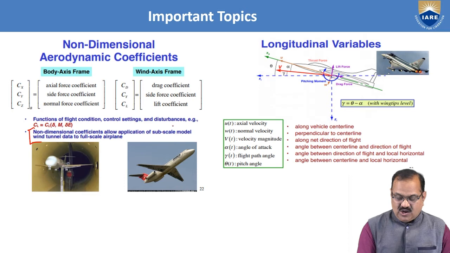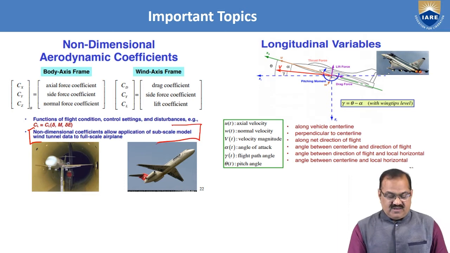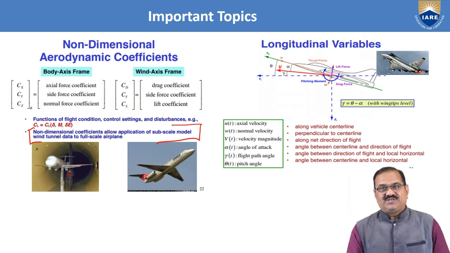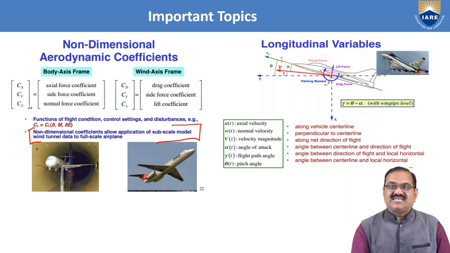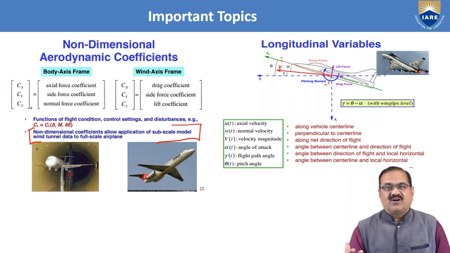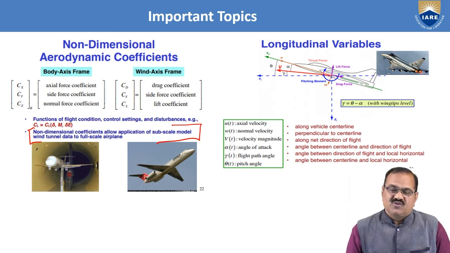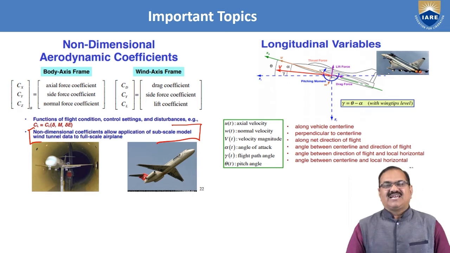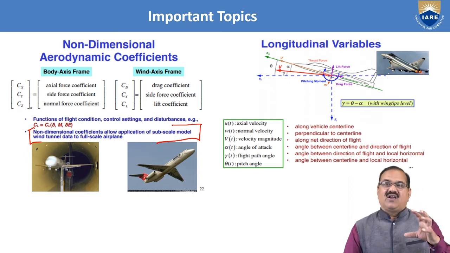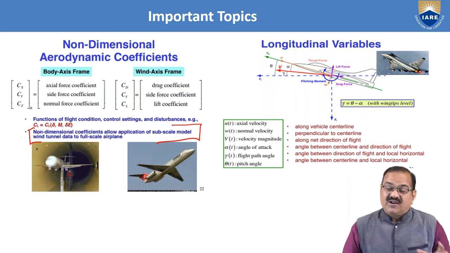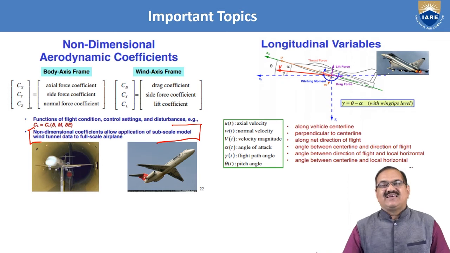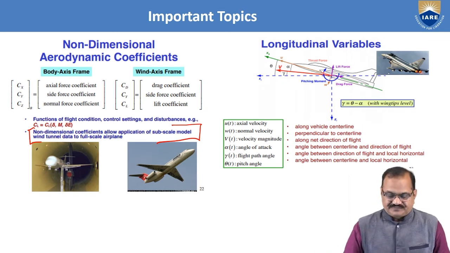You have to understand why we study non-dimensional coefficients like CD, CY and CL: these results can be directly applied from a small model to a bigger model. It is very useful for the whole scientific community to always use coefficients, so they can be directly applied to different types of aircraft with the same results.